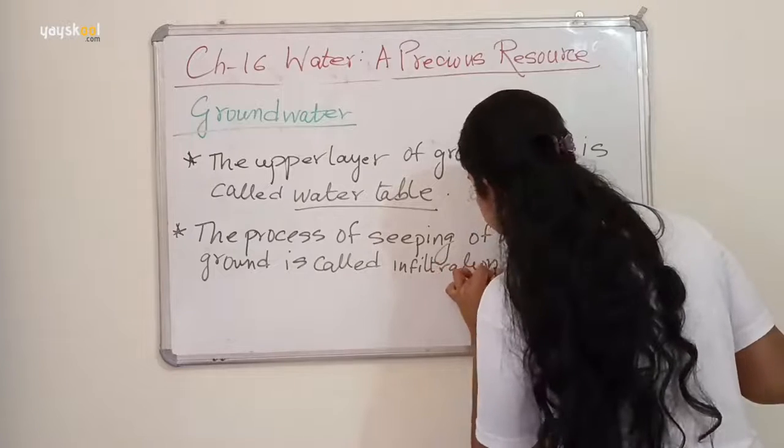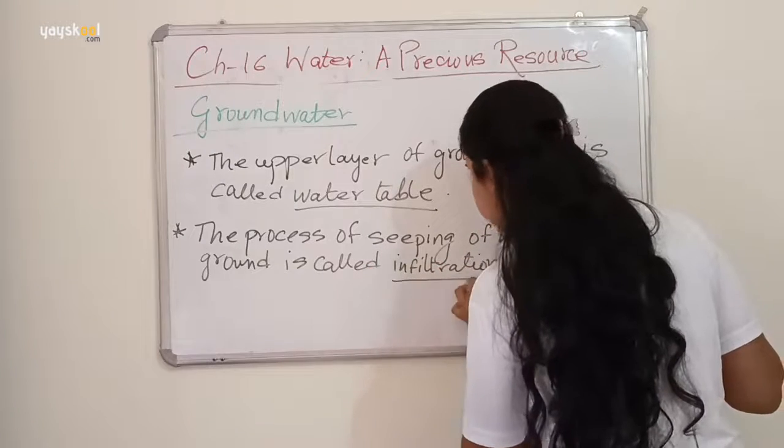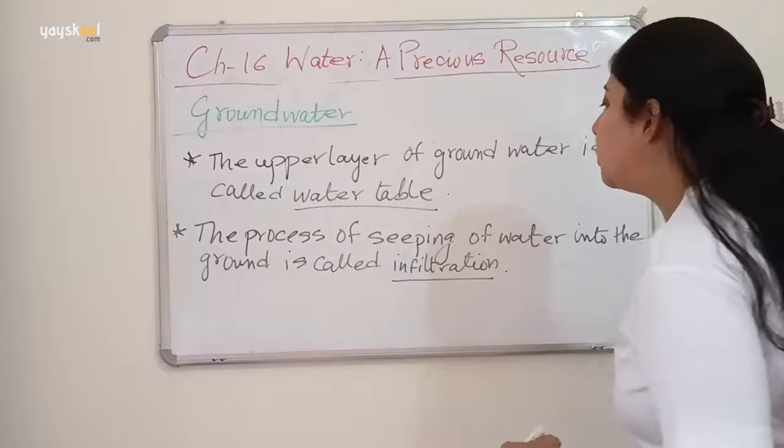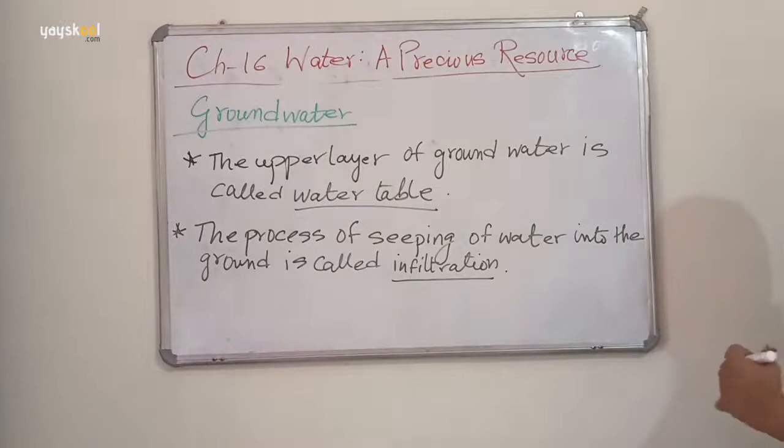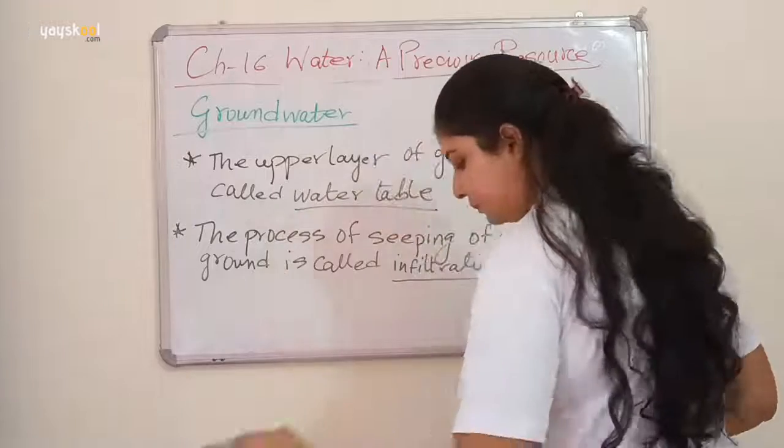Okay. This is the next very important term related to this groundwater. The process of seeping of water into the ground is called infiltration. Okay. First term we have water table. The upper layer of groundwater is called water table. And the next term we have the process of seeping of water into the ground is called infiltration.